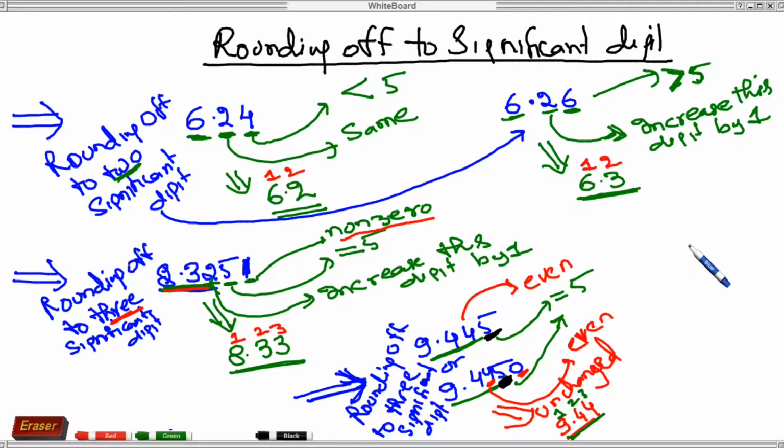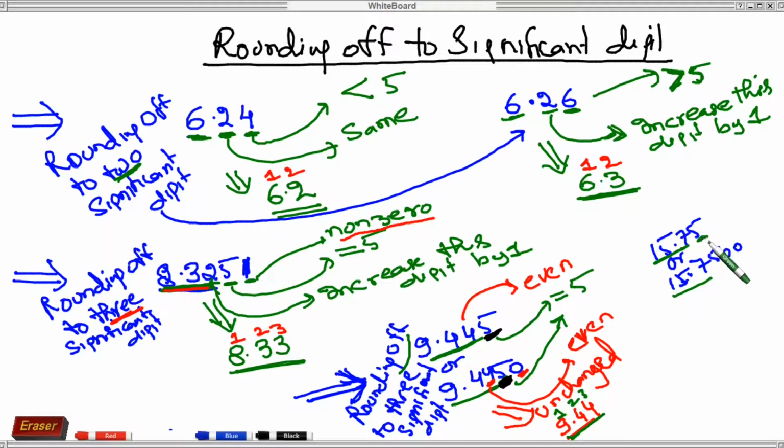Suppose it is 15.75 or 15.7500. Here also we say the same thing: we want to round off up to three significant digit. Actually we want up to here only.